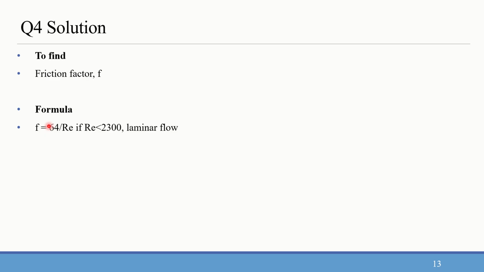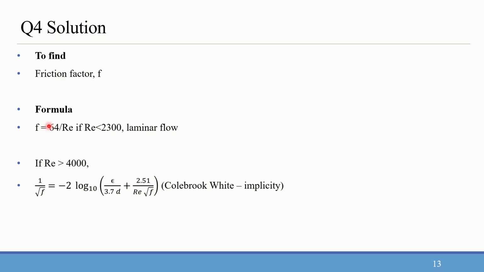If Reynolds number is less than 2300, that is if it is a laminar flow, f is equal to 64 by Re. Or if Reynolds number is greater than 4000, we have this formula where 1 by square root of f is equal to minus 2 times log of epsilon by 3.70 plus 2.51 by Re into square root of f. So this is the Colebrook-White formula and it is implicit.